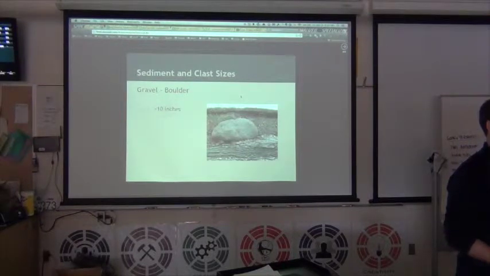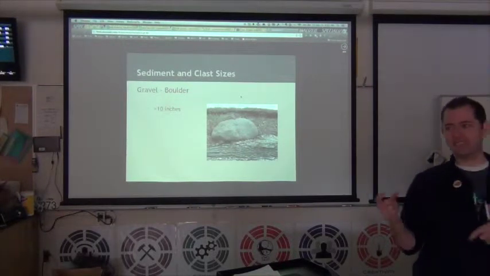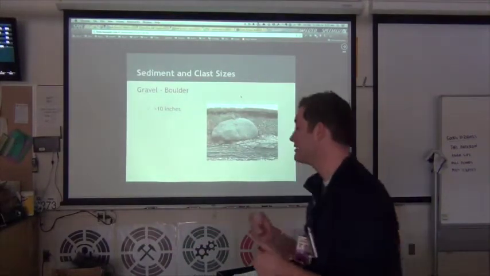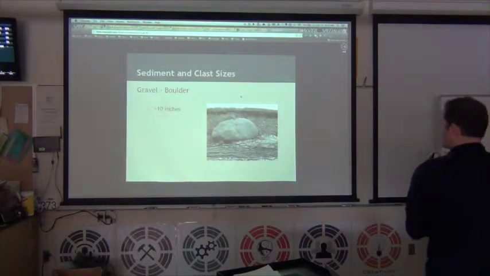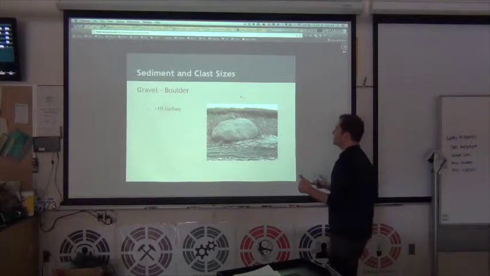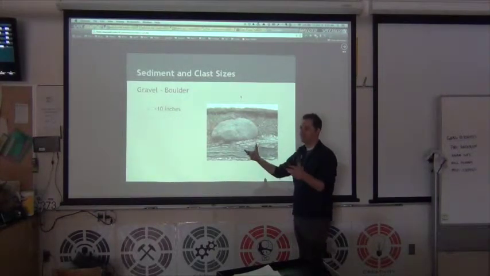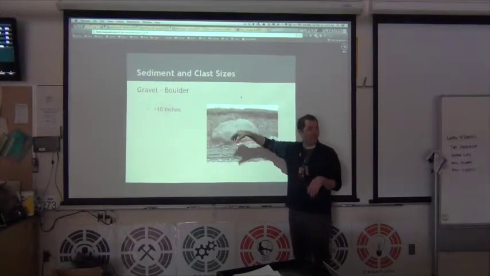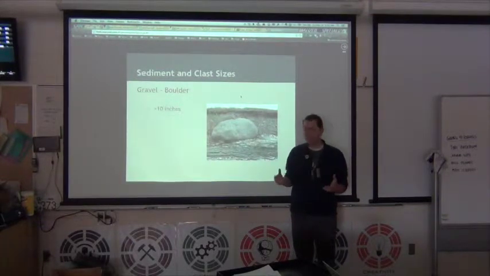Just like we classify igneous rocks by the sizes of the crystals, sedimentary rocks we can classify based on the sizes of the pieces of rocks in them. We'll go through just the sizes. And again, these are called clasts, C-L-A-S-T.